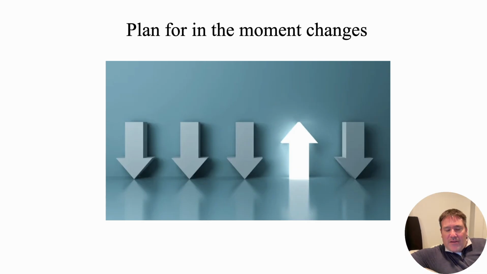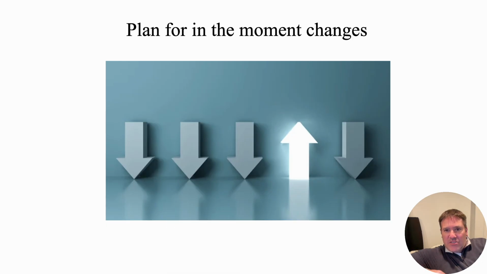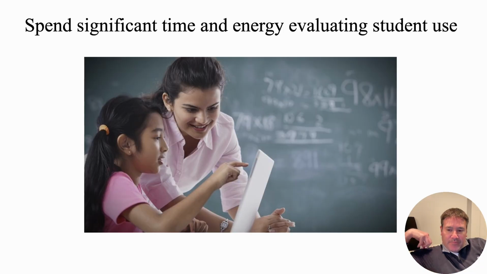We need to plan for in-the-moment changes. So I want to think about how I can support students no matter what. This is why I need to be constantly collecting data, making decisions that will help my students succeed, so the right scaffolds can be selected.